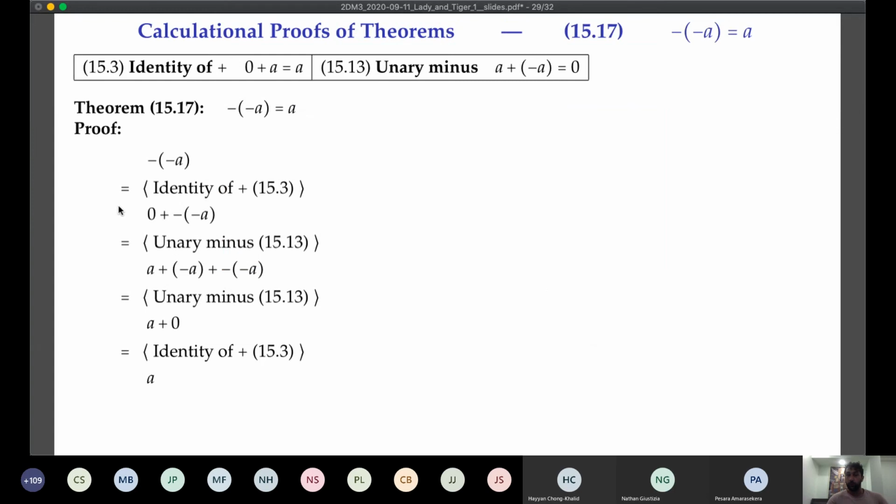So this was a proof we showed at the very beginning, and I just wanted to show it again. This is a story about how double negation disappears. Unfortunately, this story starts off with a weird step. It introduces 0 at the very beginning, right?